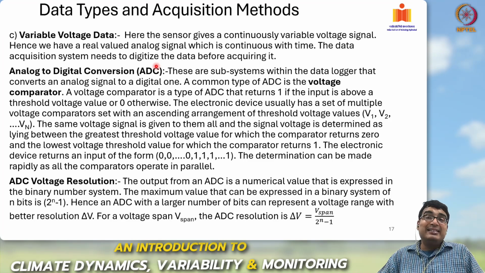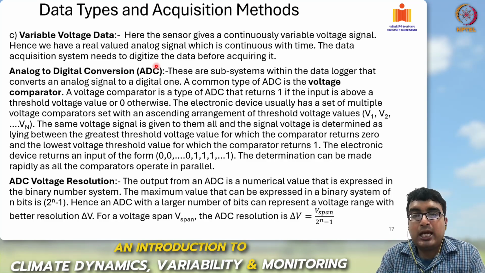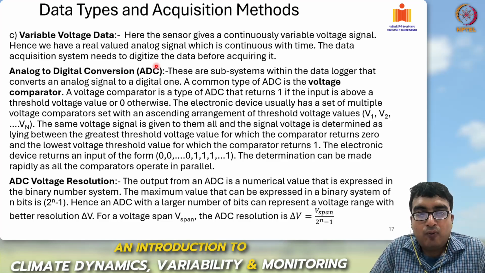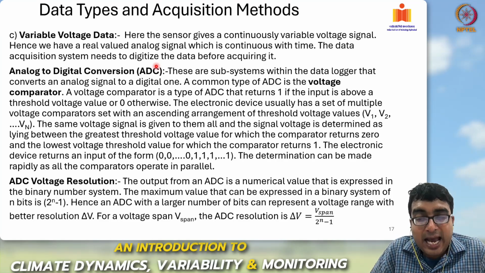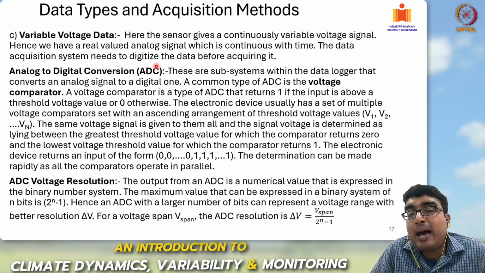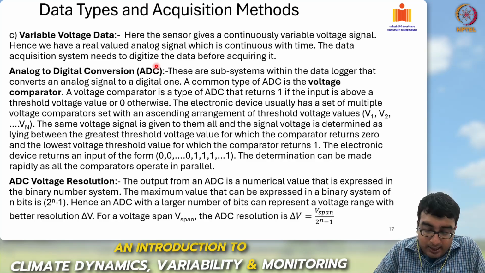These are subsystems within the data logger that convert an analog signal to a digital one. A common type of ADC is the voltage comparator. A voltage comparator is a type of ADC that returns 1 if the input is above a certain threshold value or 0 otherwise. So let's understand the problem.